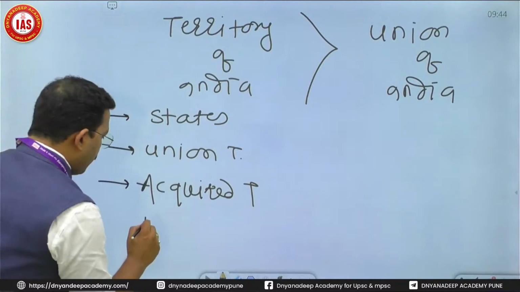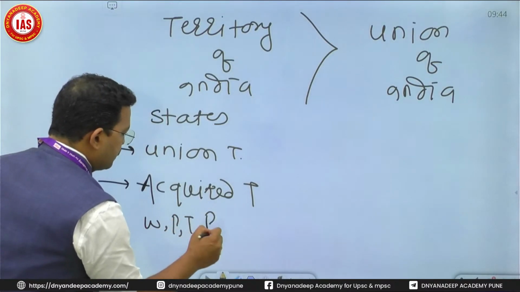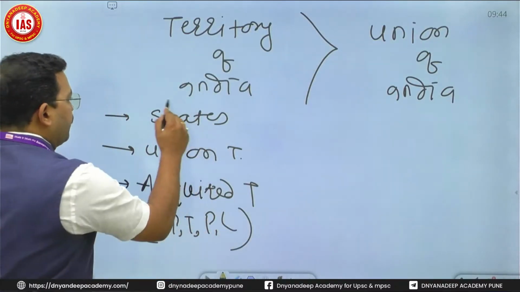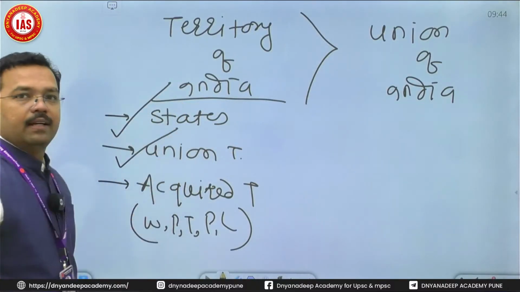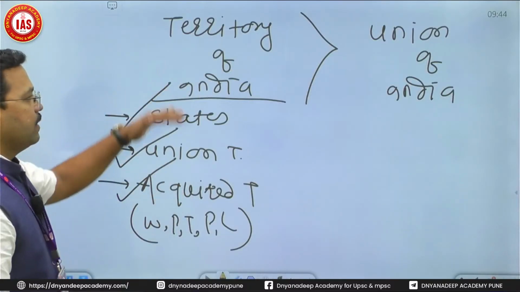Acquired territory by war, by peace, by treaty, by purchase, by lease, by any means. So territory of India includes all these things.